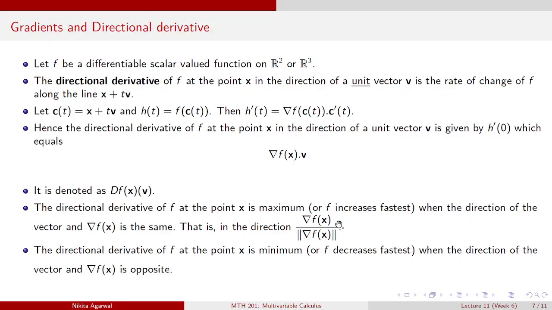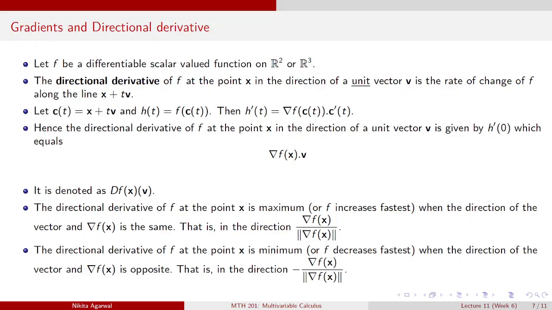And what is the direction? So if your vector is this, what is the unit vector in that direction? You just divide by the norm of the vector. That makes it unit. And similarly, what is the opposite direction of gradient f?